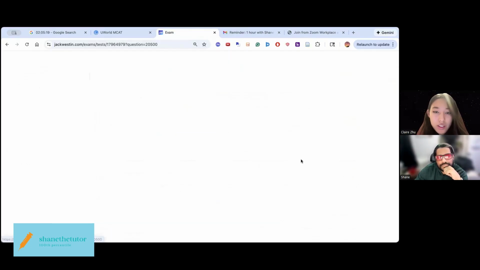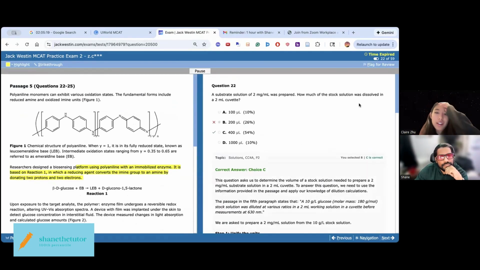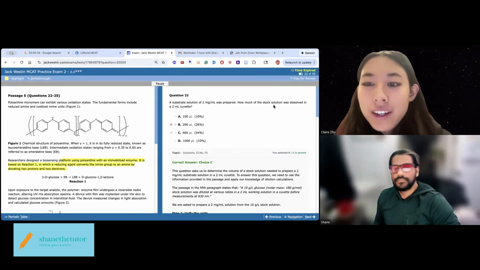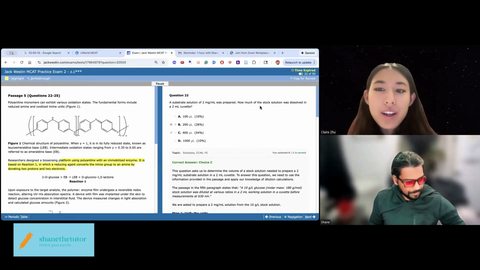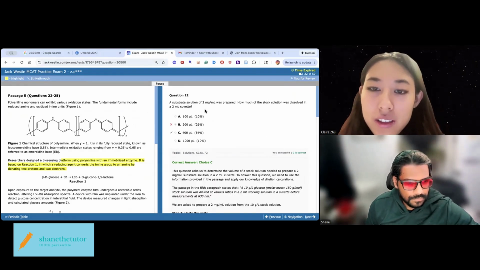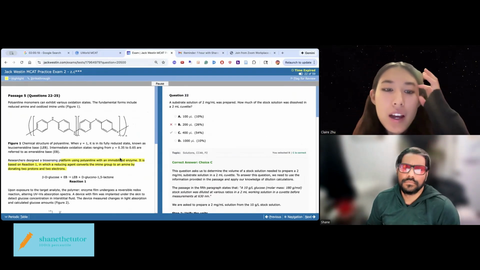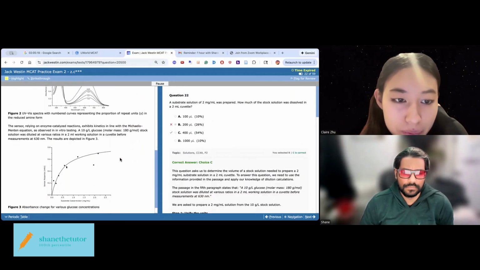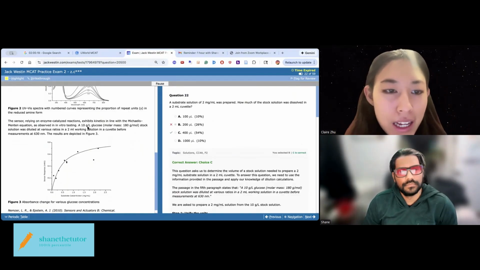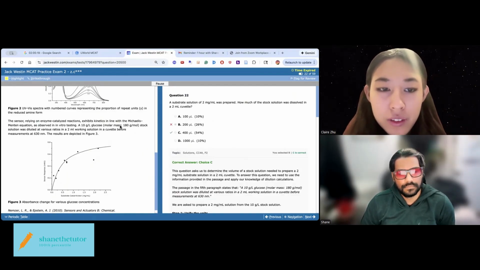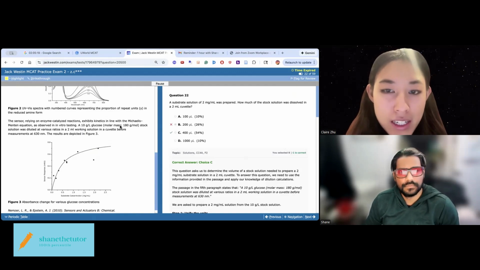So I think this was the next one. Okay, so I could just talk through my thinking. For this one, a substrate solution was prepared, and I noticed in the passage that there's 10 grams per liter of glucose, and then they give the molar mass.